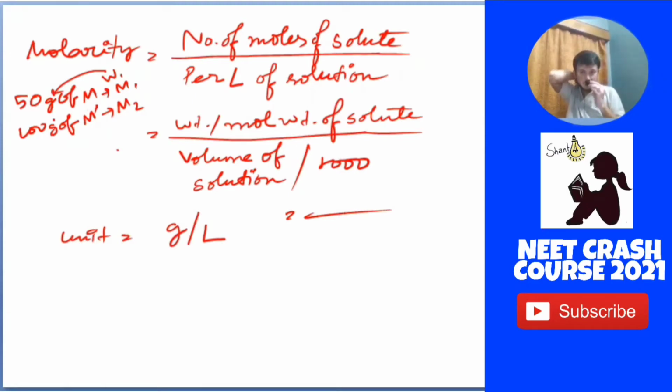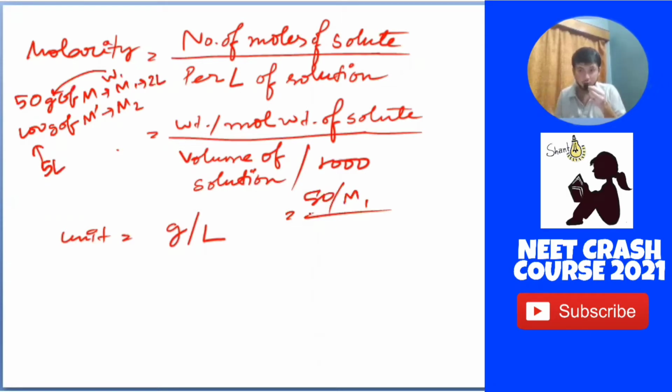So if we take it as the solute, let us write here its weight by molecular weight, that is M1, and then 100 gram of M dash, whose molecular weight is M2, we don't need it here. Let us assume that 2 liter of this solute is taken, and also 5 liter of this 100 gram of M dash is taken.